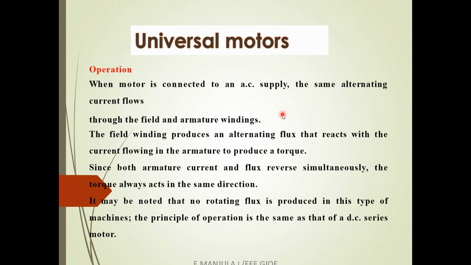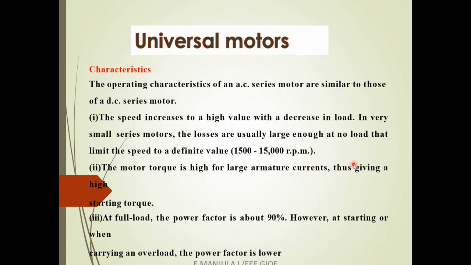Since both armature current and flux reverse simultaneously, the torque always acts in the same direction. It may be noted that no rotating flux is produced in this type of machine. The principle of operation is the same as that of a DC series motor. Characteristics.